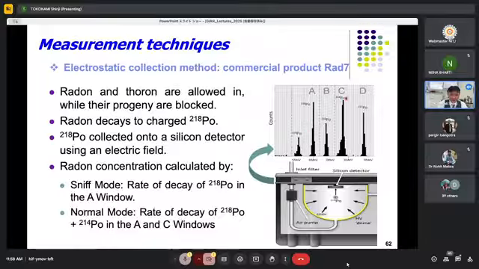Polonium-218 and lead-214 are used for estimation of radon concentration. On the other hand, polonium-216 and polonium-212 are used for Toron measurement.